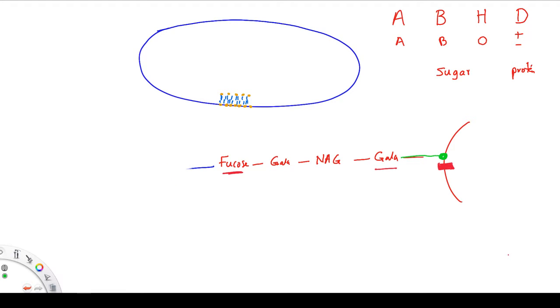But what if you add, instead of galactose, something else? Let's use green this time. You can add to it N-acetyl galactose. See, galactose and N-acetyl galactose, two different things. Slightly different version. This would be type A antigen. Now, how would you remember?